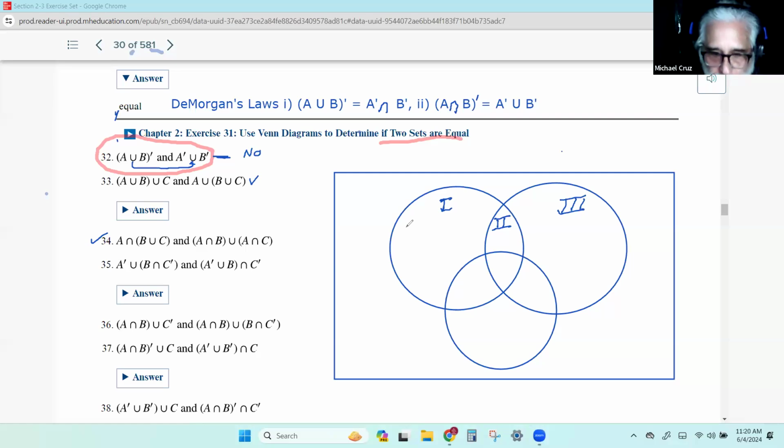It's right here. 4, 5, 6, 7. So what I've done is I've put in a name for each region.